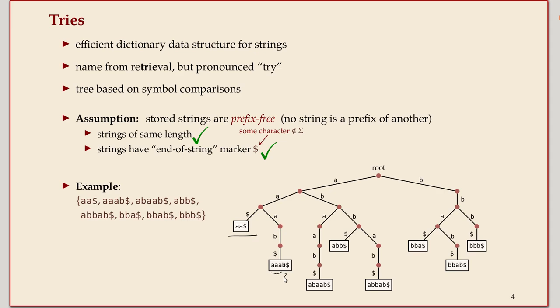Is it clear what I mean by path from the root to the leaf? Or label of the path from the root to the leaf? If you're sitting at a leaf, there's a unique path from the root to this leaf. And if you read the characters that you find while you walk down this path and concatenate all those characters, you will get exactly the label that you find in the leaf.